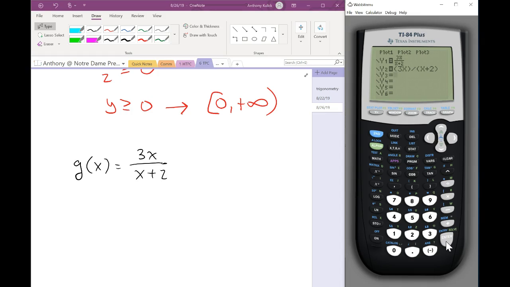But in my experience, it's very easy for students to forget the parentheses doing it the second way, whereas if you use that fraction command, it's a lot harder to type it into your calculator incorrectly from forgetting a parenthesis. So again, to access that fraction command, you do alpha and then the y equals button.